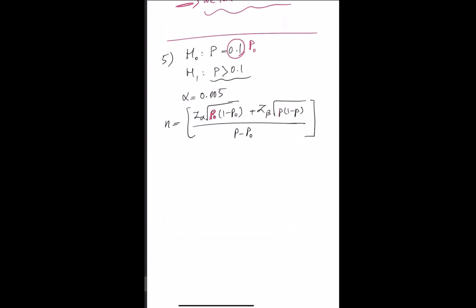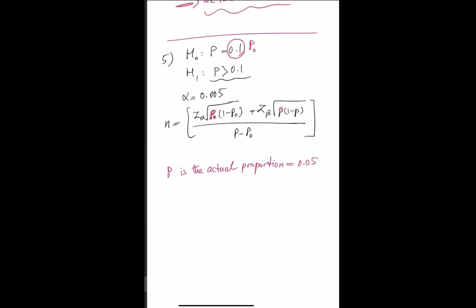Then P is the actual value. P is the actual proportion or probability, and here the actual probability is 0.05.